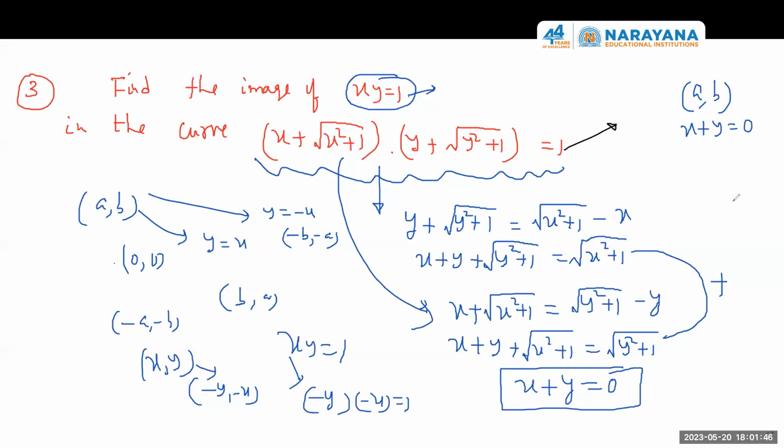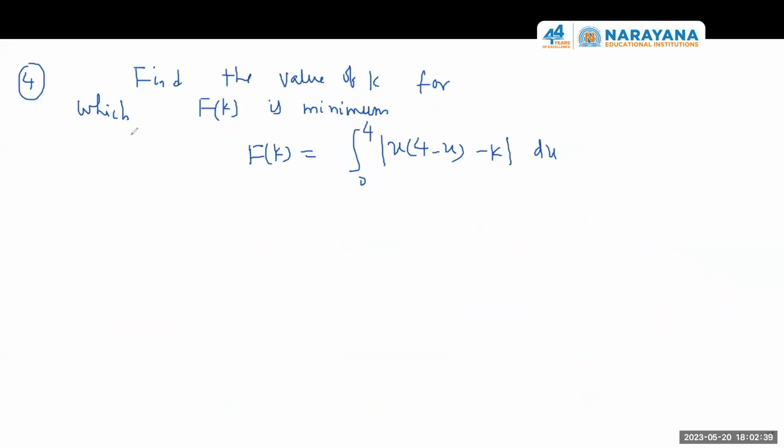Next question. This is just like an integer type question they will ask in a numerical based section. Find the value of k for which f of k is minimum. Take your time, but you should be able to solve this within 1 minute.